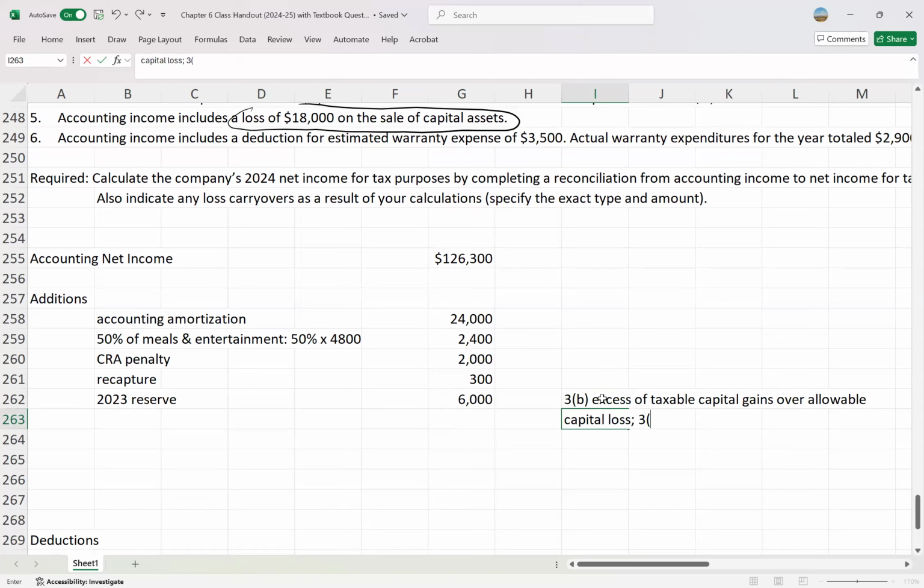And we said that 3B cannot be negative. Any unused amount in 3B will be what we call a net capital loss carryover.